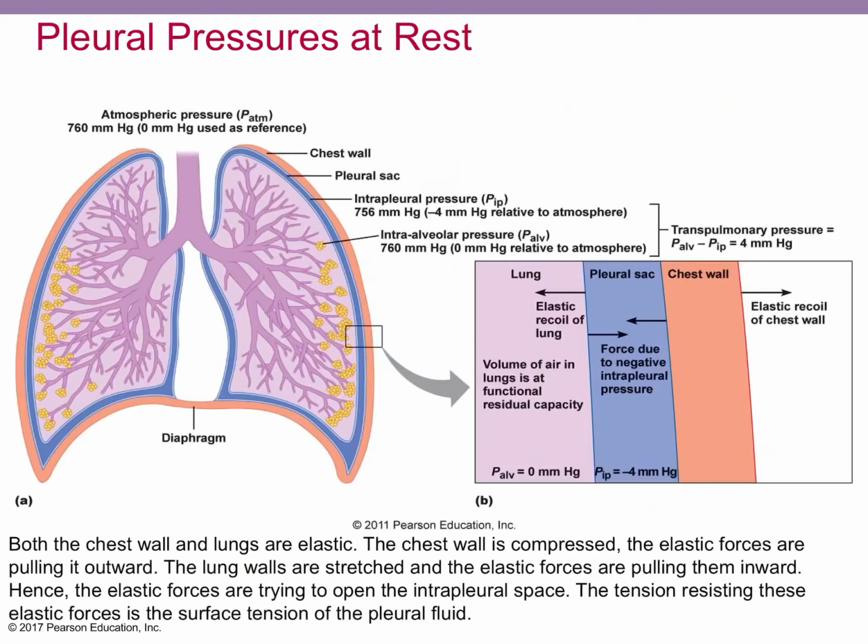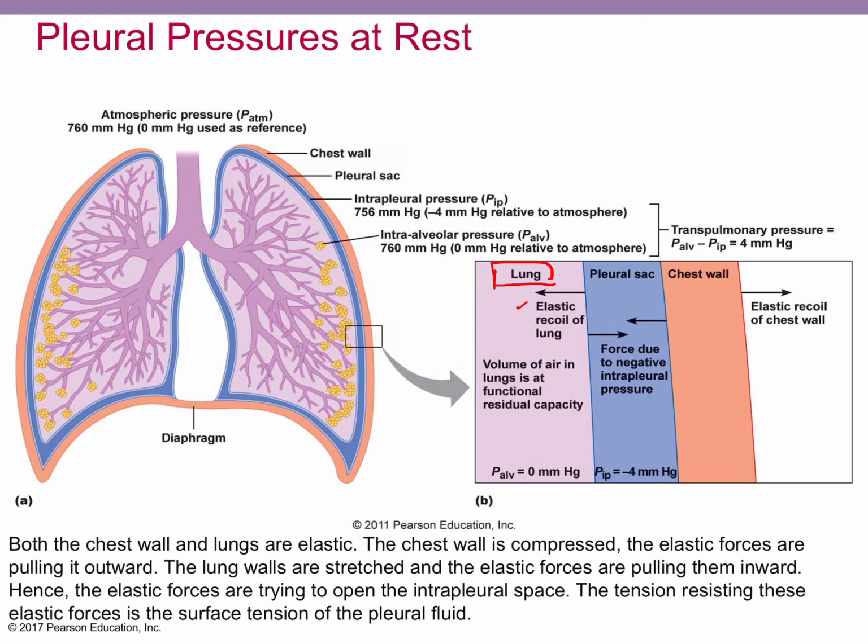So it turns out that the lungs are elastic and compliant, and because of their elasticity, the elastic tissue actually pulls inward. So you can see the box here with the lung, and you see how there's elastic recoil. When we talk about the lungs being elastic, that doesn't mean stretching out or expanding. That is the word compliance. But when the lungs shrink back down and get pulled back in, that's due to that elastic recoil.